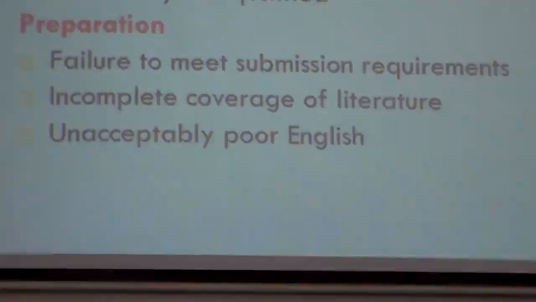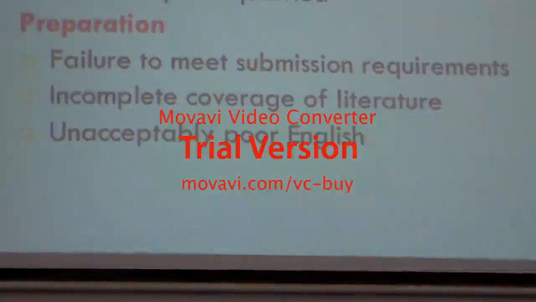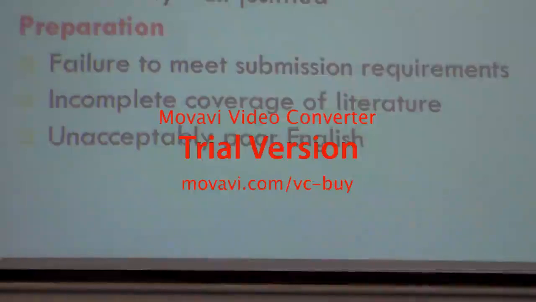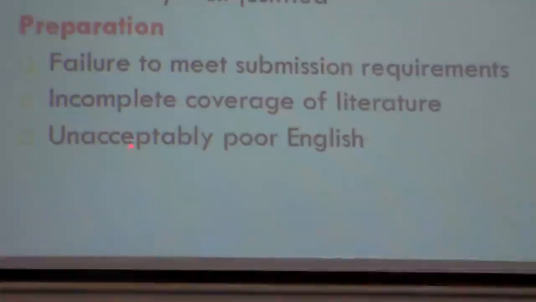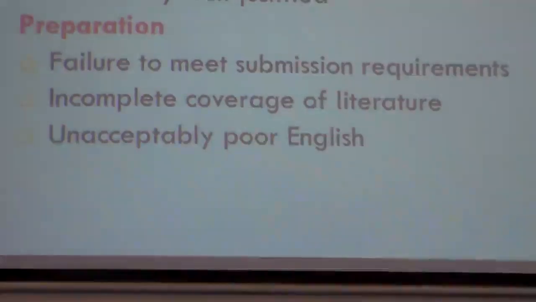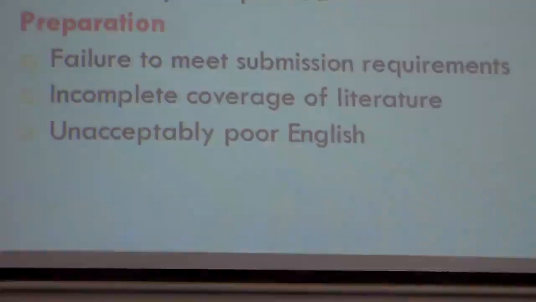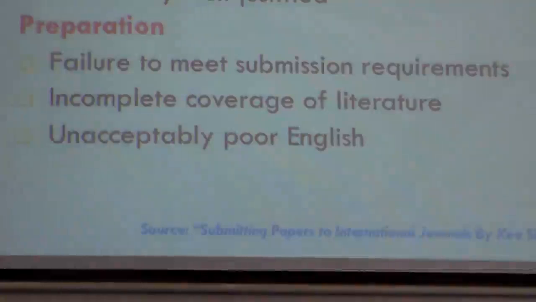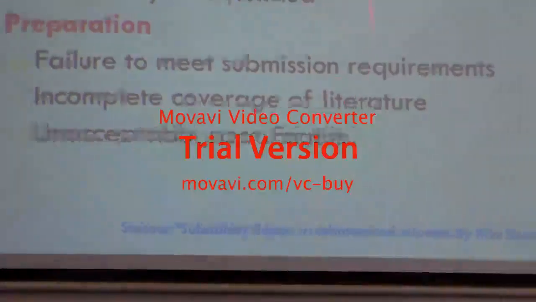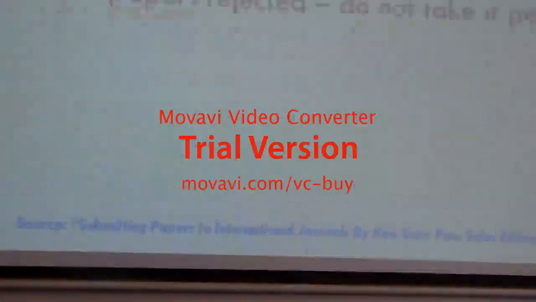Maybe somebody else has done the same work, so you don't cover the whole literature. This is a weak point. Or unacceptably poor English. This is according to these guidelines.